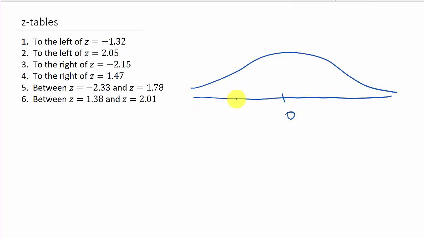There's 0, and we are looking for negative 1.32. We're working the first problem now. We're looking for the area to the left, this area. If you notice, that table had no negative values on it.